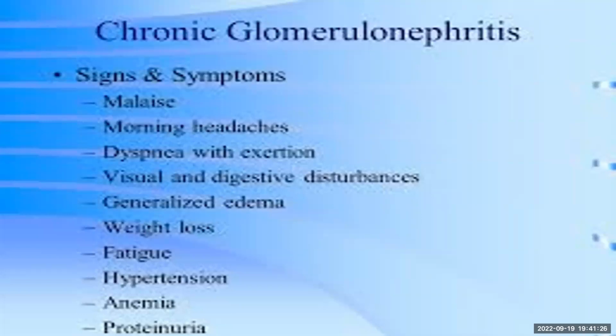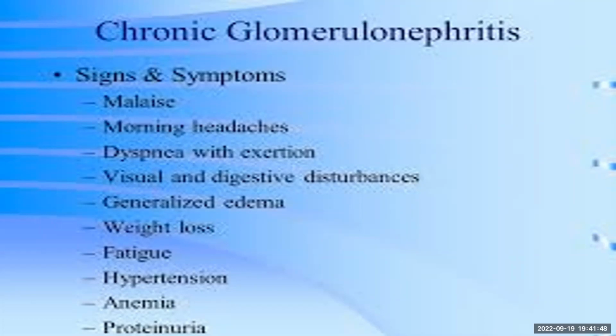What about chronic glomerulonephritis? See, the difference is that in the acute phase it will be sudden onset, but in the chronic phase, it will be slow and irreversible. You just see the fatigue. The patient will always feel fatigue, and there will be gradual proteinuria.